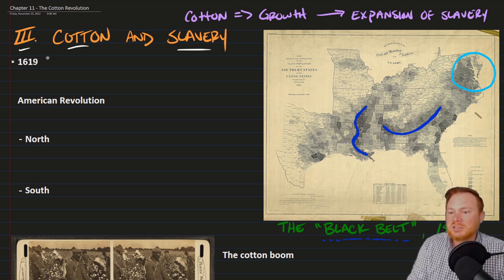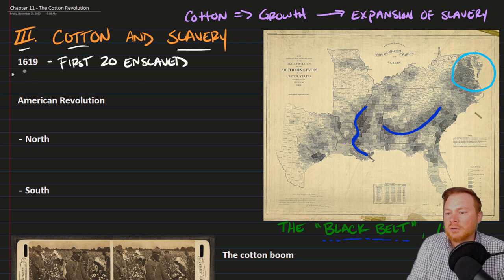In fact, in 1619, the first 20 enslaved Africans arrived. Your textbook actually uses the term "unfree" rather than enslaved.